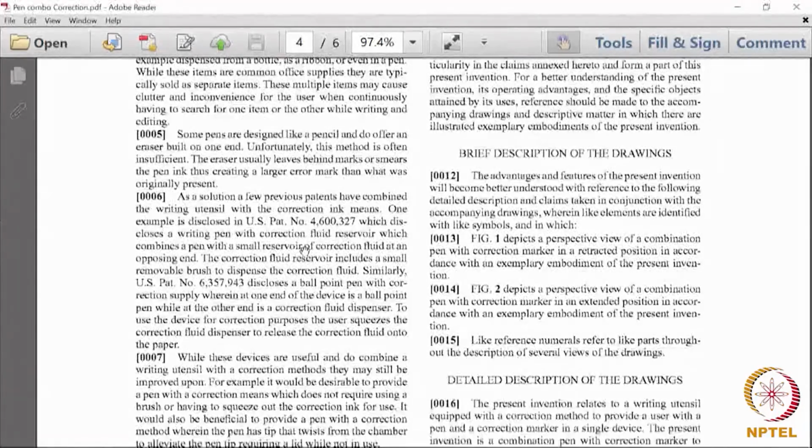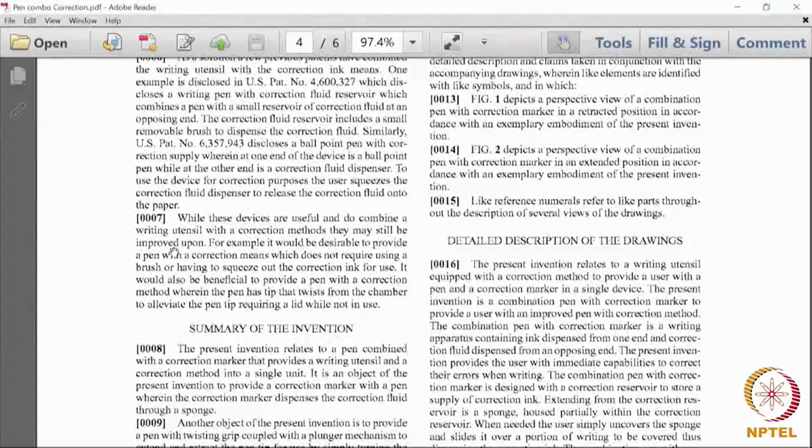So, you find some background given, then you have the summary of the invention. Till para 7, what was described was, and you can see here, US patent number 635943. That is a description of an earlier existing invention, what we call a prior art. Prior art references can be, you find another description to a patent number here, 4600327, again an existing invention which is related to this.